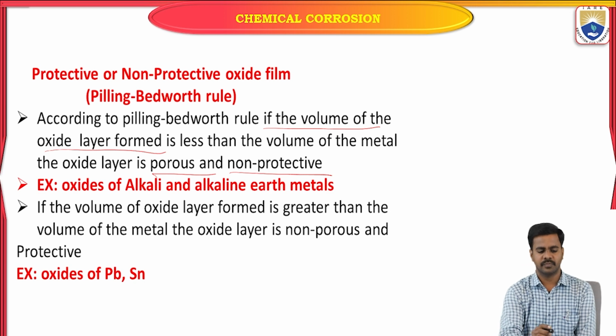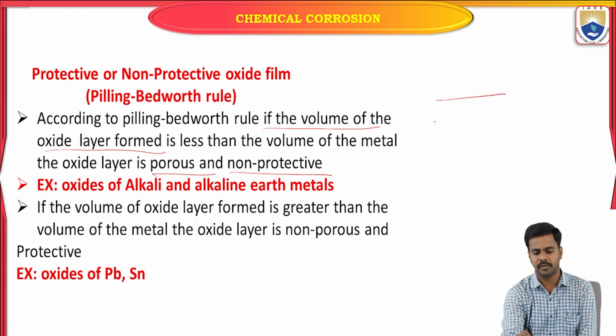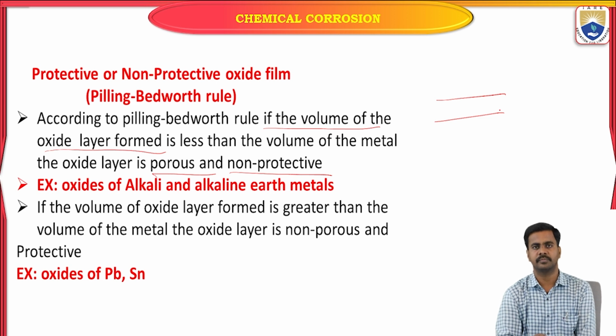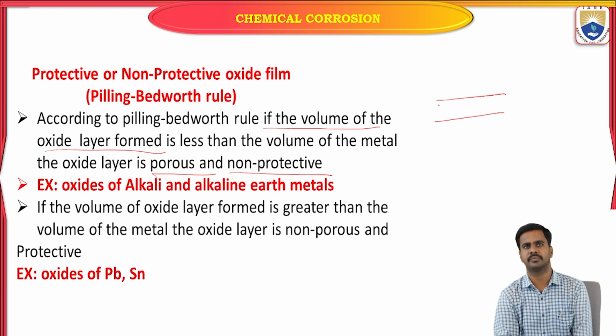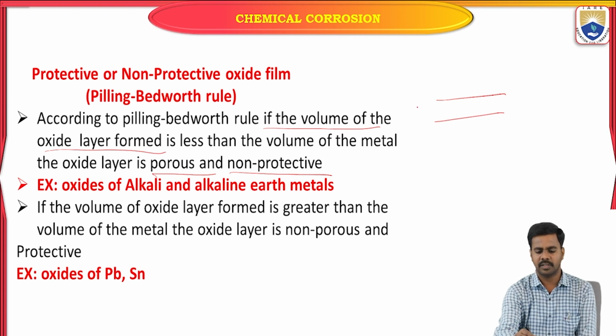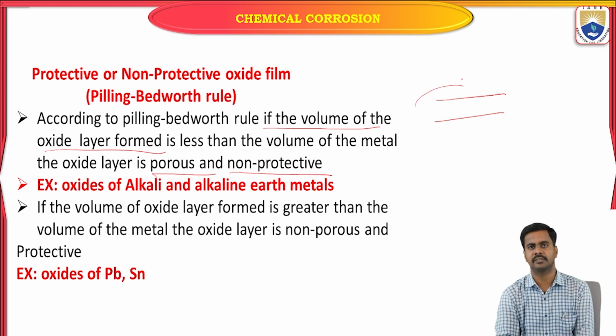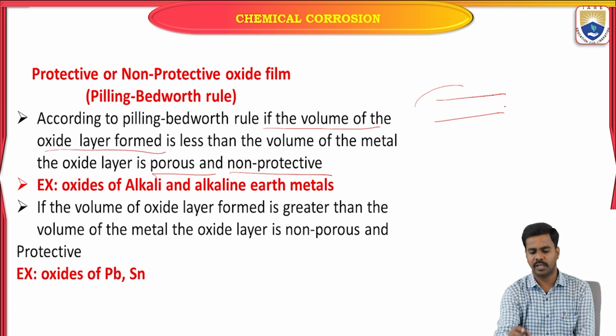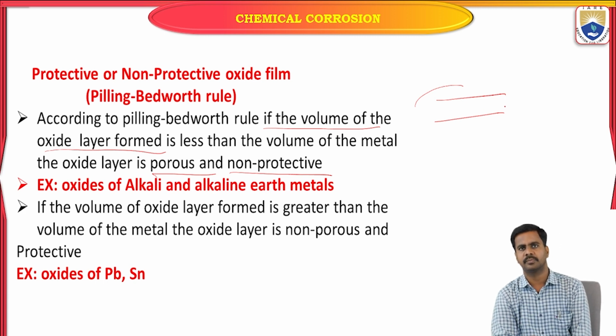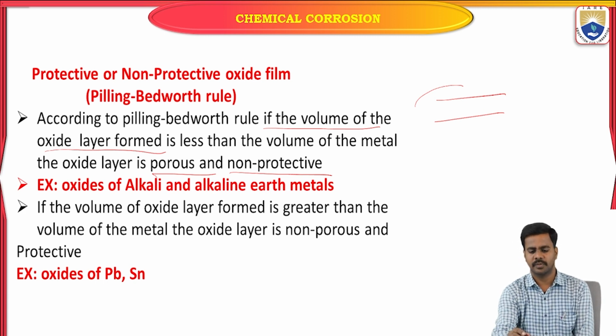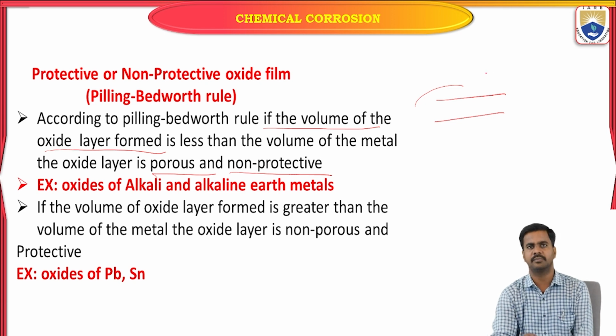Let us consider this is the metal. If the volume of the metal oxide layer formed on the surface of the metal is less than the volume of the total metal to be consumed, then it is porous and non-protective.